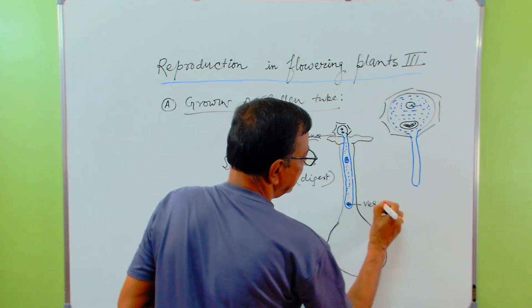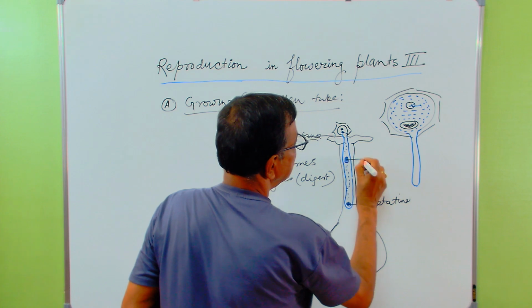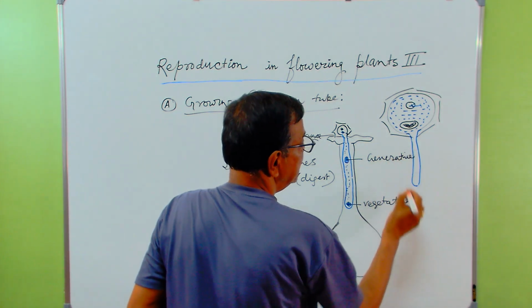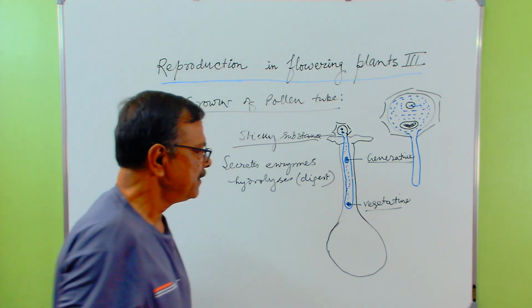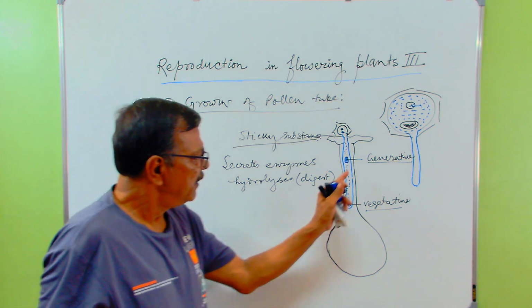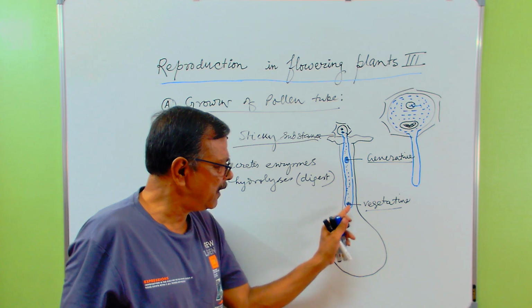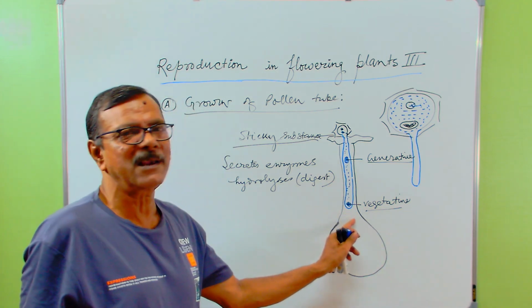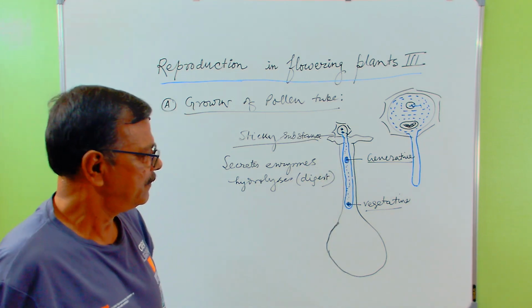This is vegetative, this is generative. So vegetative nucleus followed by generative nucleus, as if this will be the male gamete ultimately. It is being protected by this vegetative nucleus, as if the pilot car is coming first and the ministers are coming later.